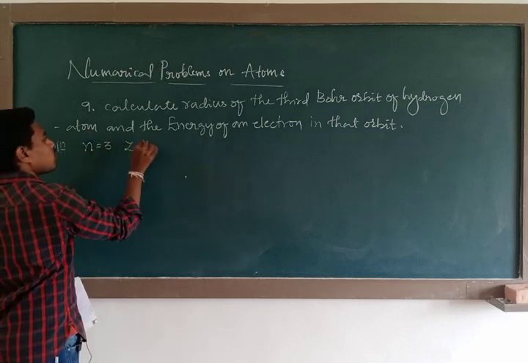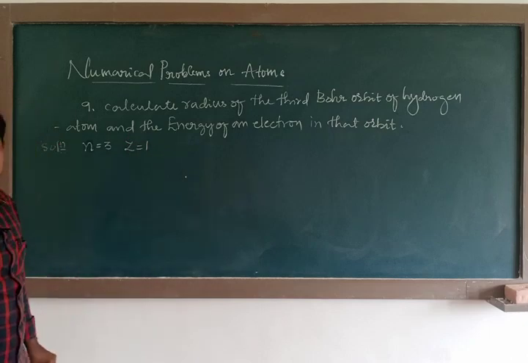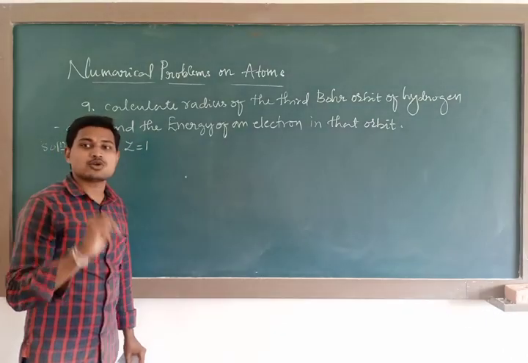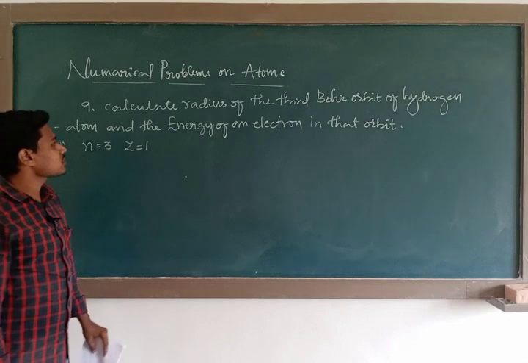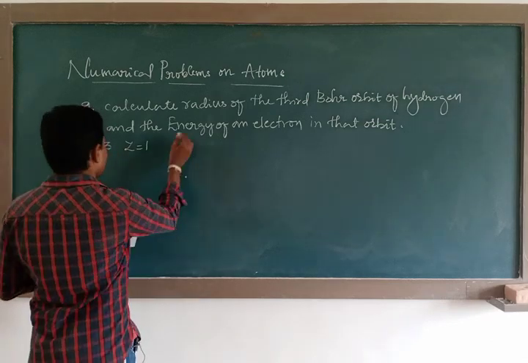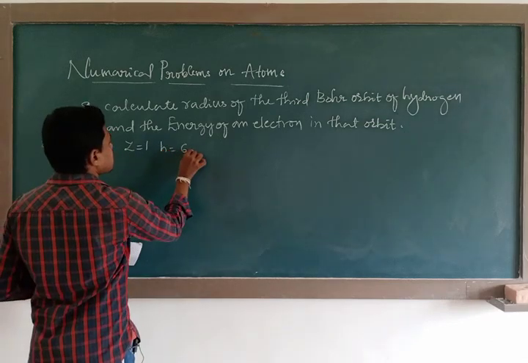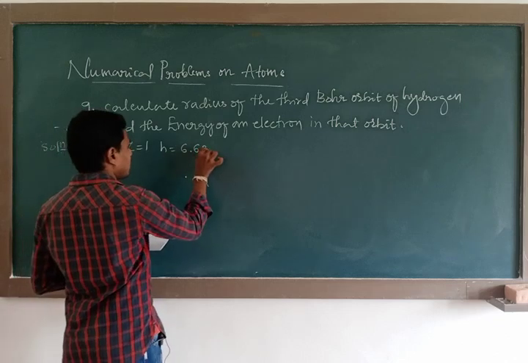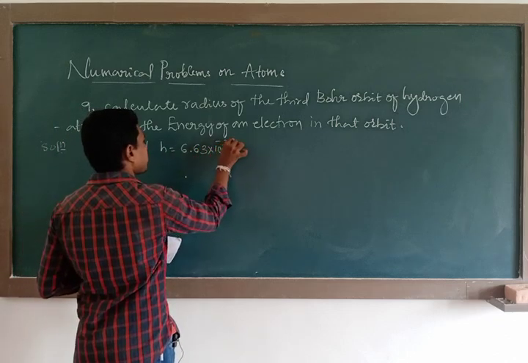Z is equal to 1 because hydrogen atom, and Planck constant they have given 6.63 into 10 raised to minus 34 joule second.